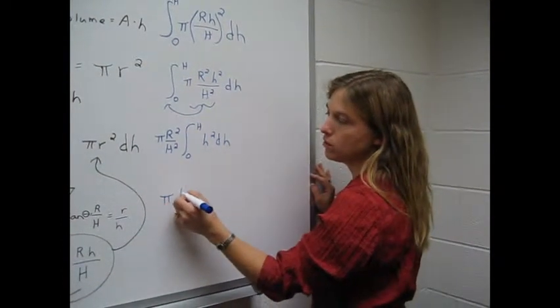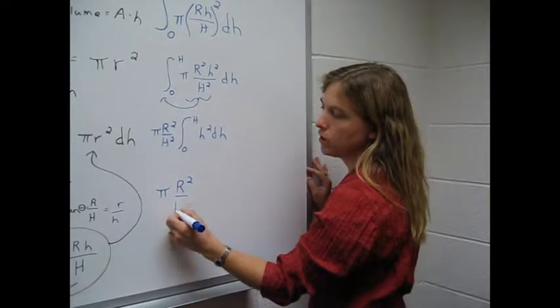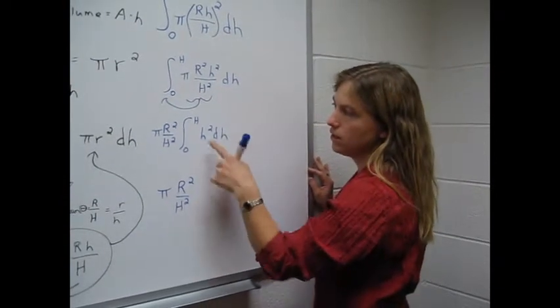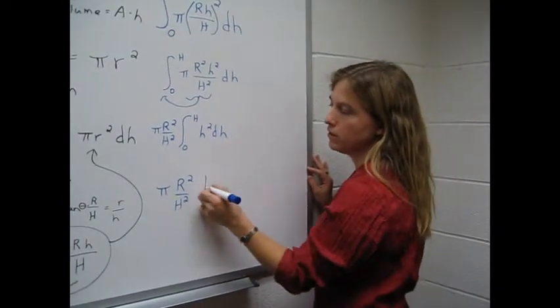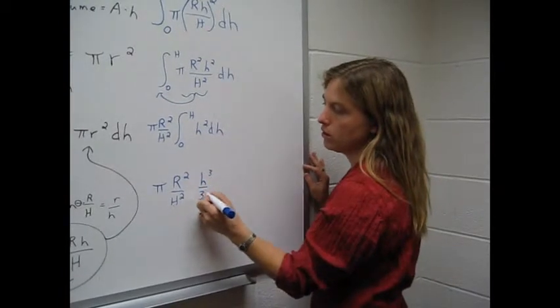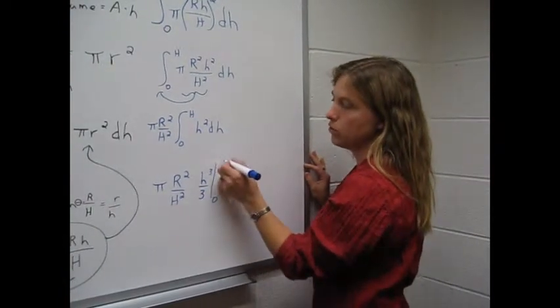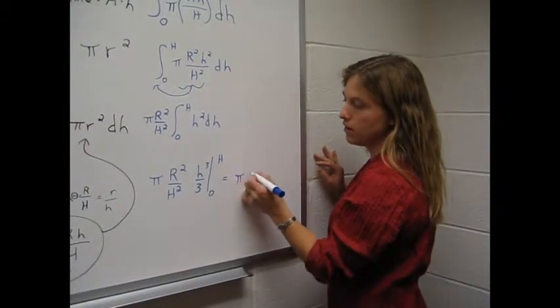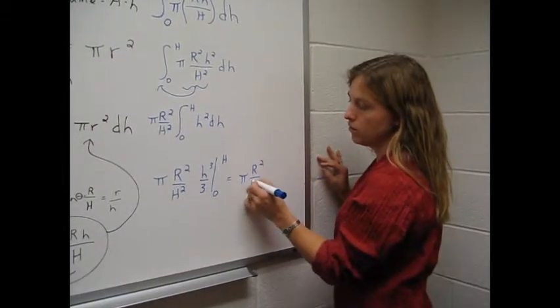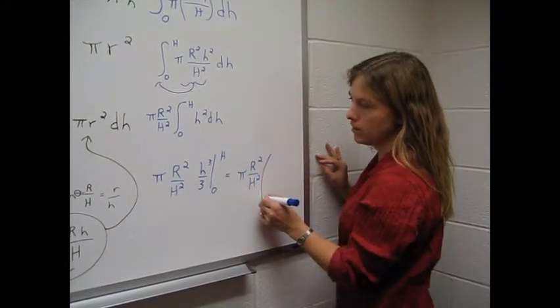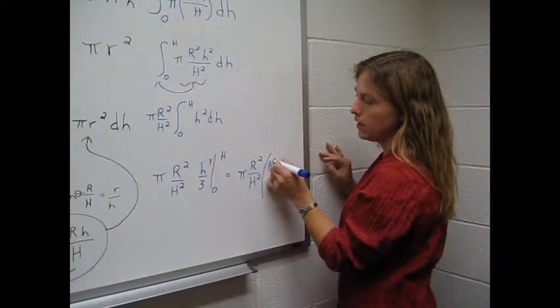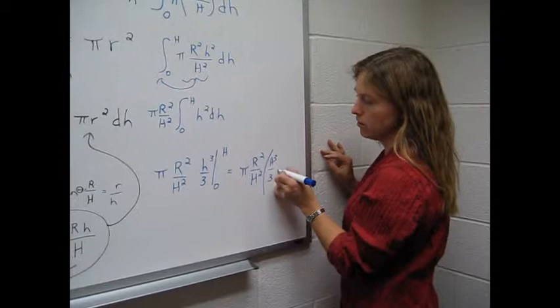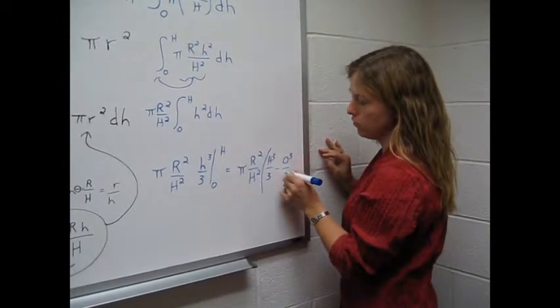The integral of h squared is h cubed over 3. I will evaluate that at 0 and at H. This gives me pi R squared over H squared times big H cubed over 3 minus 0 cubed over 3.